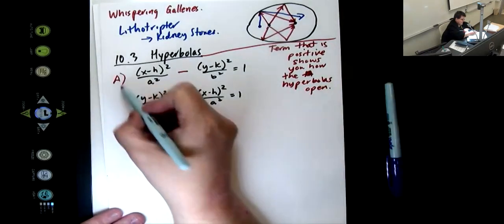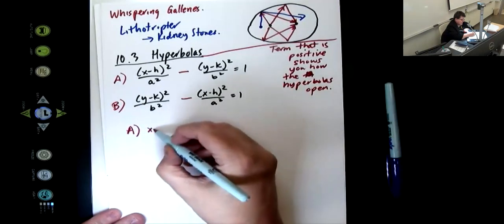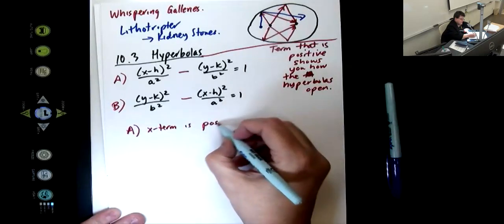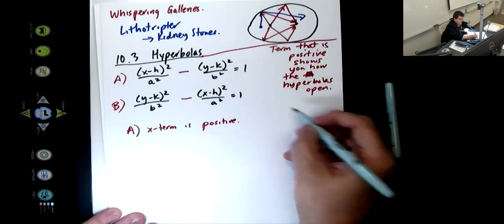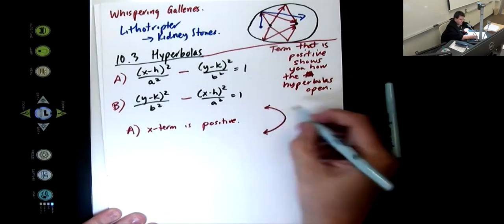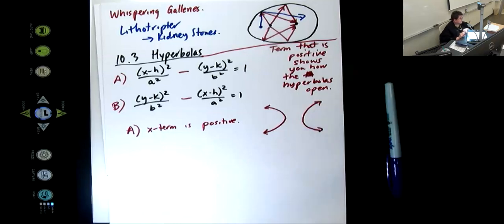Call that A and B. When the x term is positive, it almost looks like two parabolas.